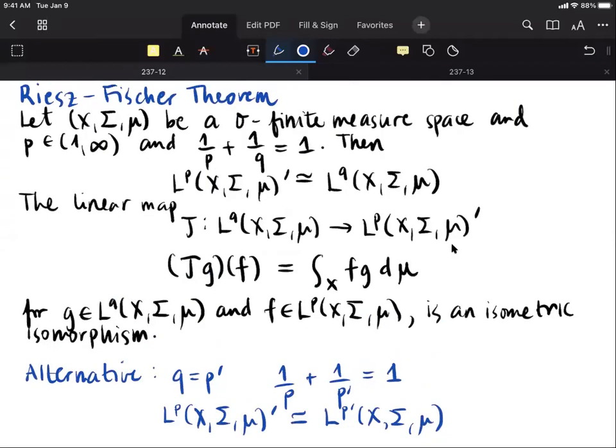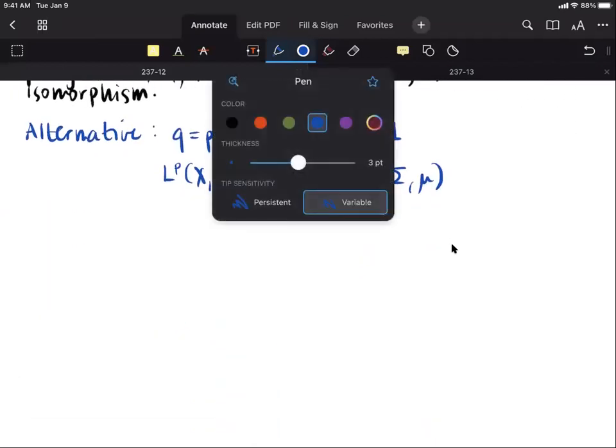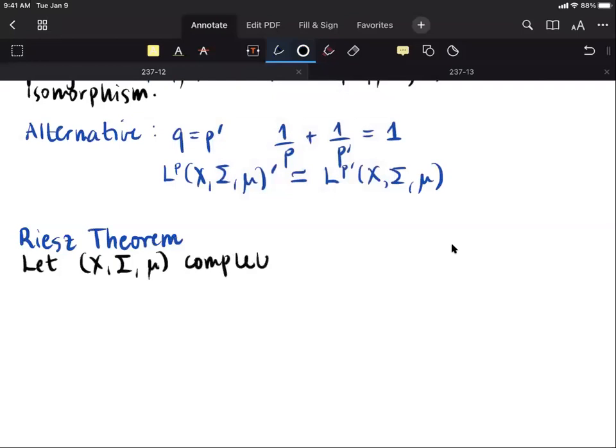To prove that J is an isometric isomorphism, we need two theorems. The first one would be the Riesz theorem, or the Riesz representation theorem in LP. So here we consider a complete measure space, without the sigma finiteness.